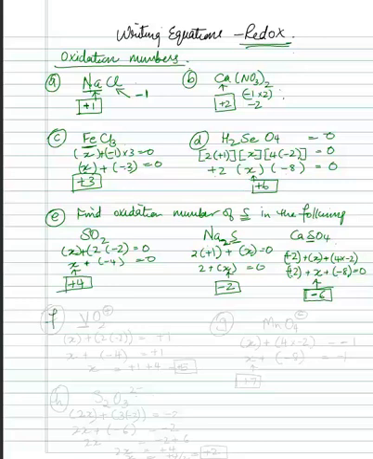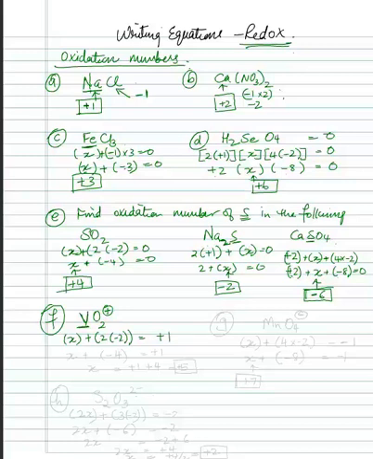Now we're going to take something a little bit different and try it with ions. Okay, because in the case of ions, you should have a charge left over. All right, taking for example VO2+. Let's see what the oxidation state for vanadium is over here. So now x plus 2 times -2 is equal to +1. That is how it should be.